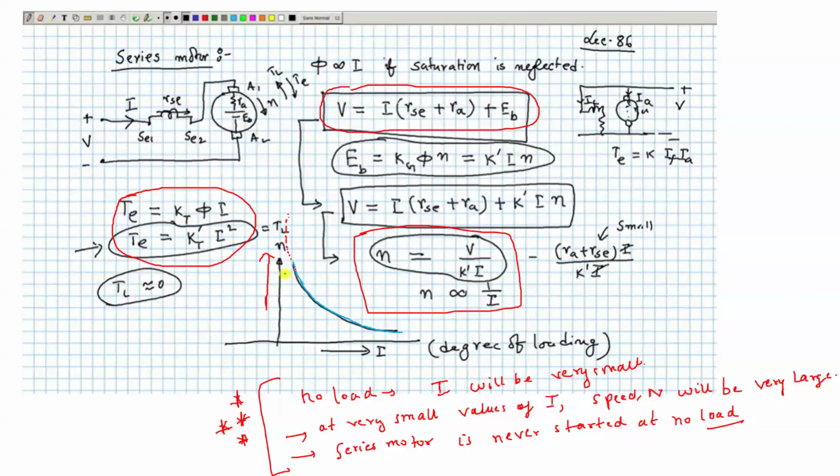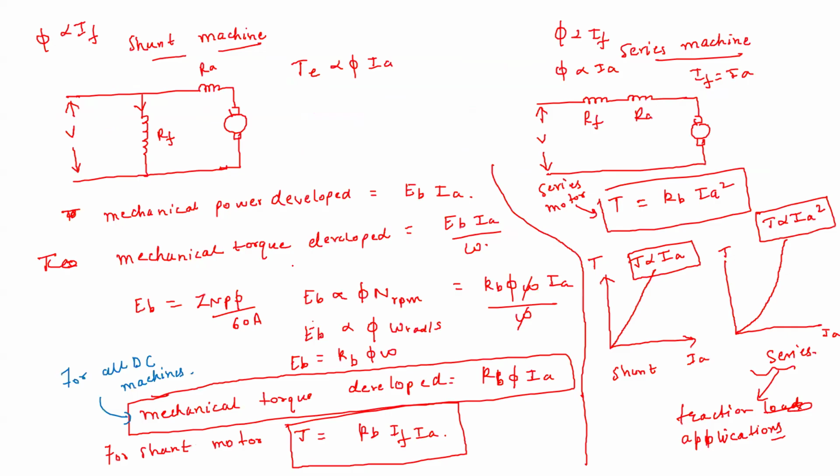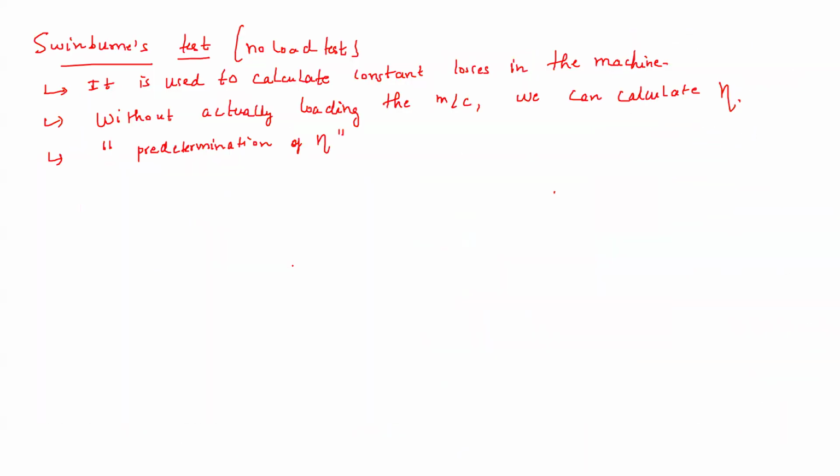The speed becomes infinite. So this test can only be done on a shunt machine, okay? Not on a series machine. So here, this is the shunt machine. Now this is the connection. So this is the armature winding. Just say this is the armature winding. Okay.